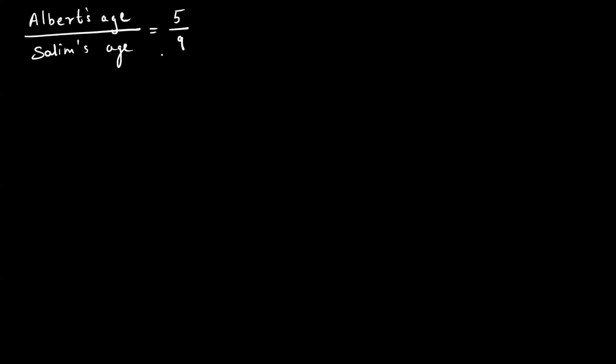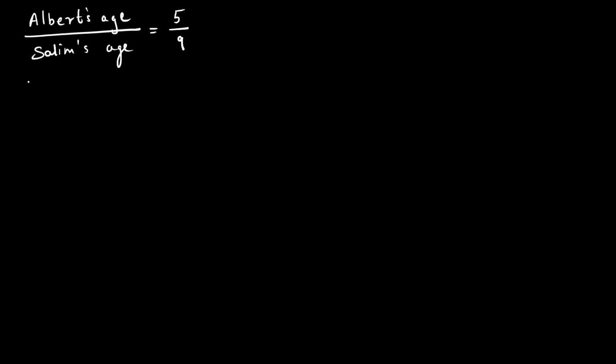Okay. तो यहाँ पे किस किस का एज का रेशियो दिया है? Albert and Salim. Albert's age upon Salim's age is equal to क्या? 5/9. Okay. Does that mean Albert का एज 5 है और सलीम का एज 9 है? No, sir.